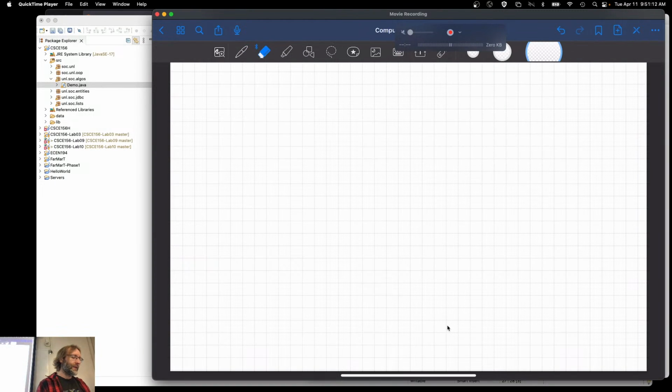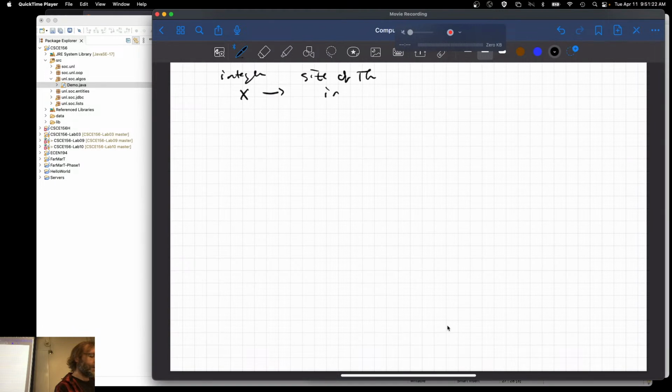Okay. So if I gave you x, an integer, what is the size of the input? 1 or 4 bytes. Okay, you're already jumping to the conclusion of bytes, of bits, and that's exactly right.